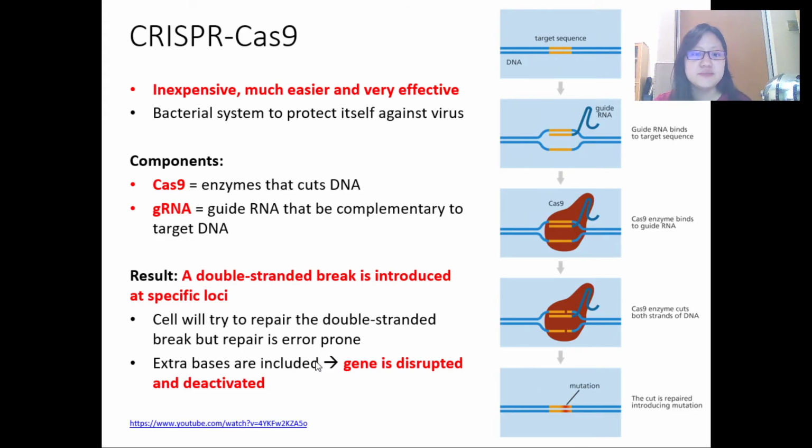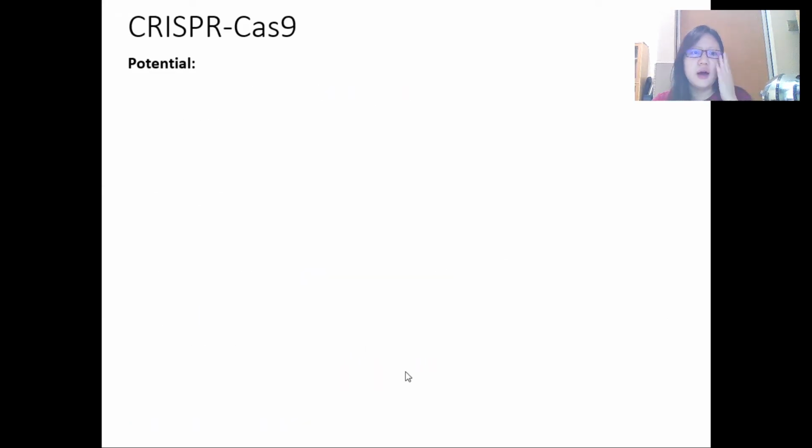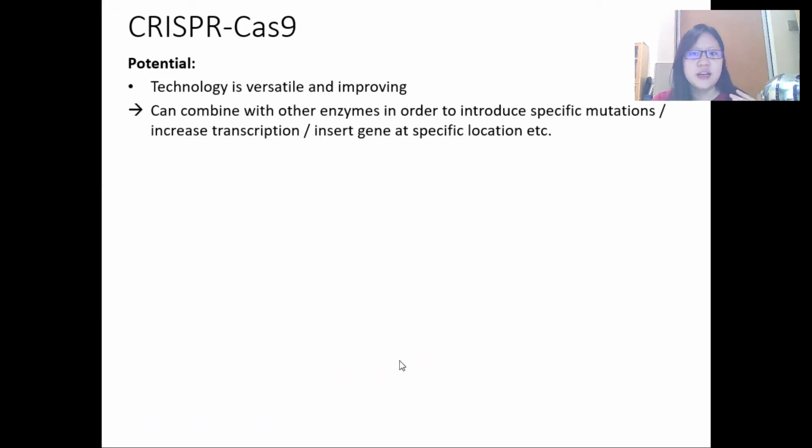Now, other than that, actually, this technology is very versatile, so you can even combine it with other enzymes to introduce specific mutations. So not random bases, but specific bases can be added there.